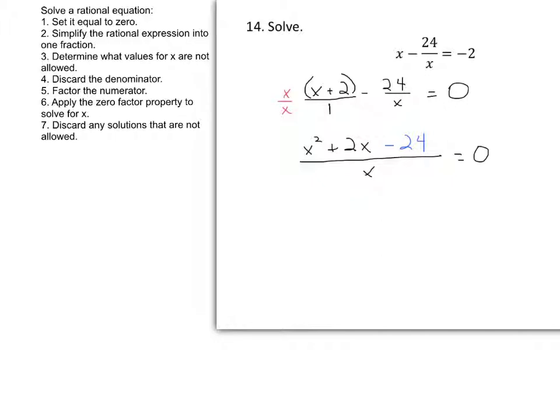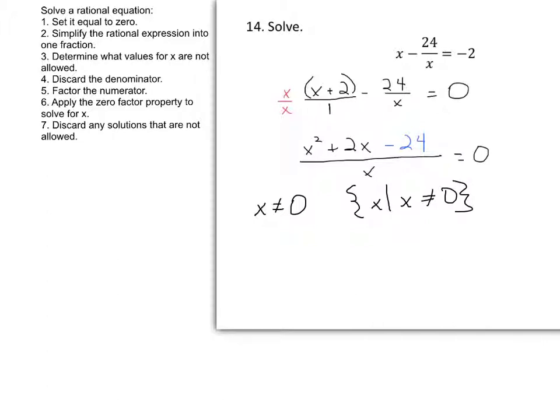So to do this, we look at the denominator, and whatever makes the denominator 0 is not allowed. In this case, we only have x in the denominator, so x cannot be 0, which means our domain is all values of x such that x does not equal 0 will work.